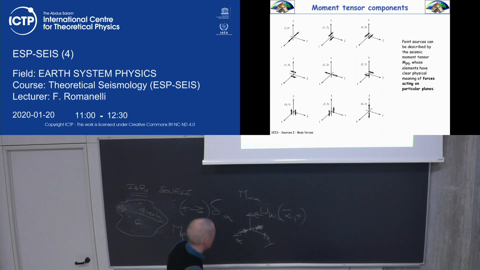For the second one, it's not evident in the picture maybe. Let's take MYX. The force is in Y and the arm is in X. What does it mean? The arm now is here and the forces are like that. I'm sorry, I'm not a good painter.